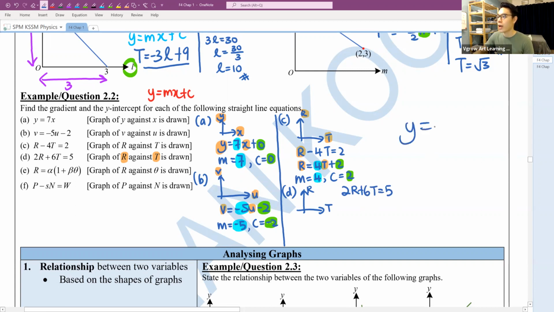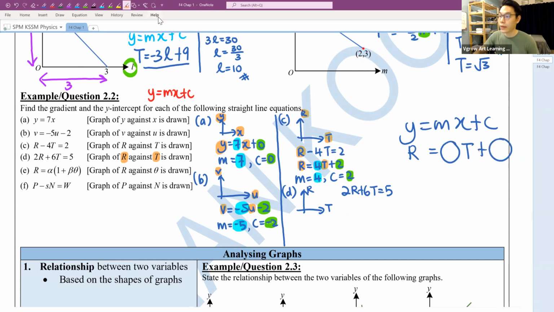You want y equals mx plus c. So your y is what? Your y is R. And then you want to arrange so that the x becomes T. Then you have some gradient value here, and then you have some c value here. Try to make this R become alone. This one depends on your maths. Try and see. Slowly, slowly move.